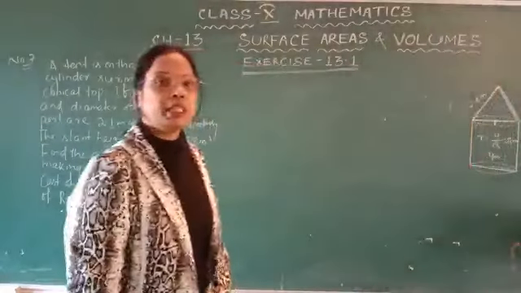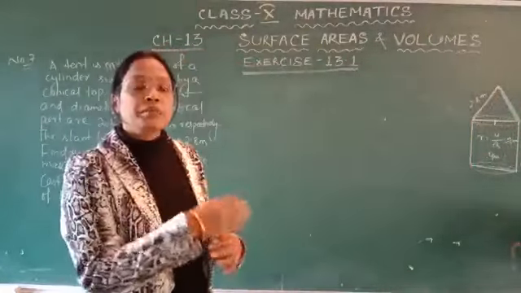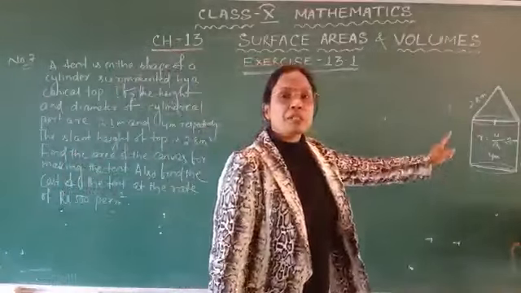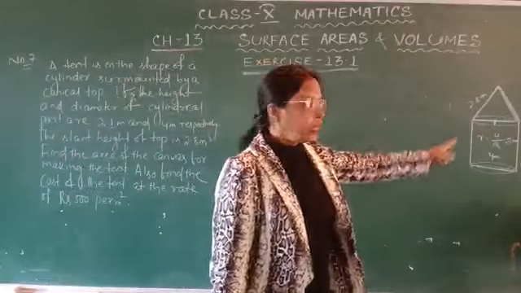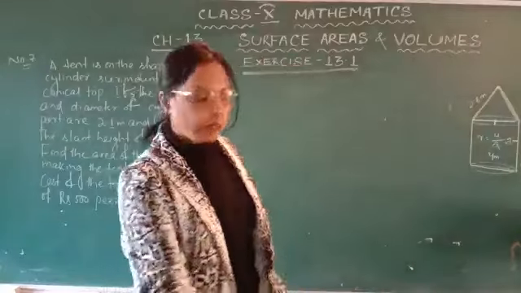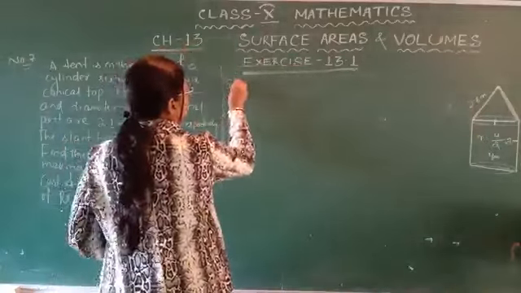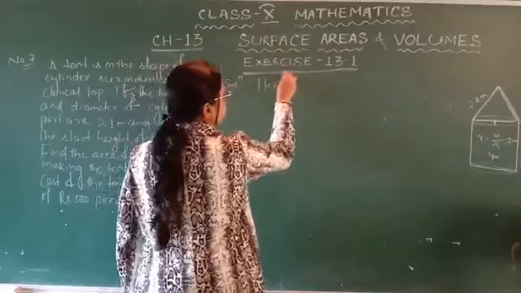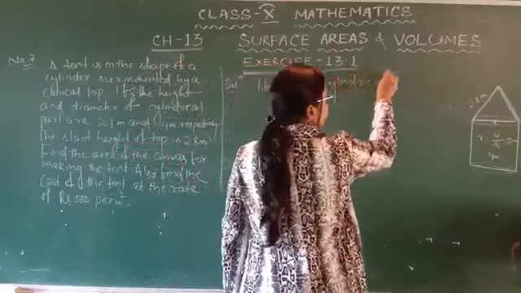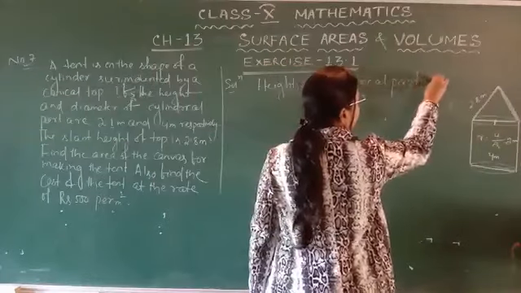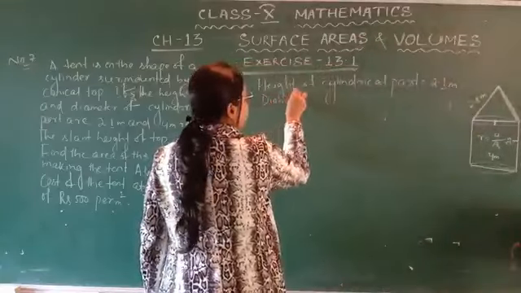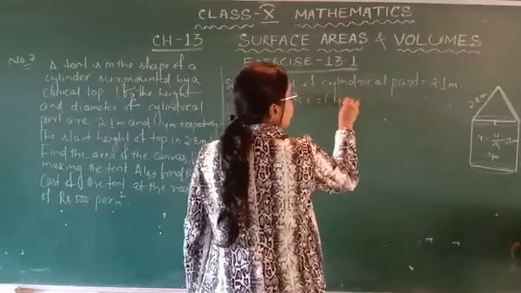So the question says to find the area of the canvas for making this tent. That means we find the curved surface area of the cylindrical part plus the curved surface area of the conical part. So we write according to the question, solution: height of the cylindrical part is equal to 2.1 meter and the diameter is equal to 4 meter.